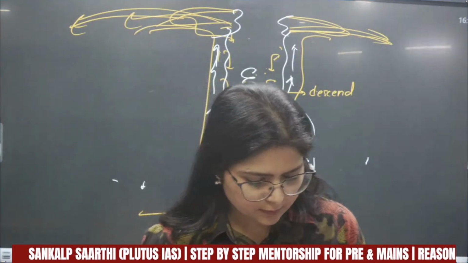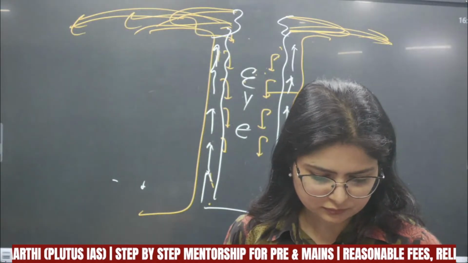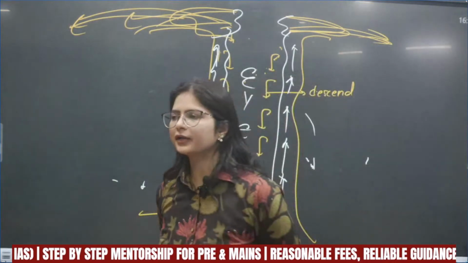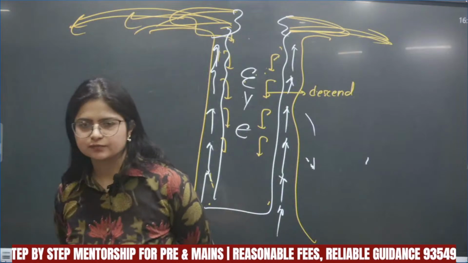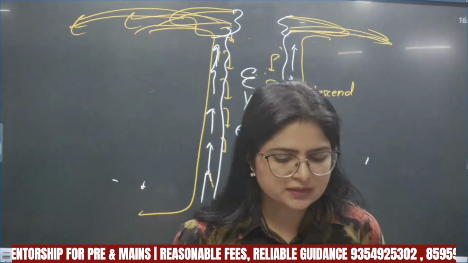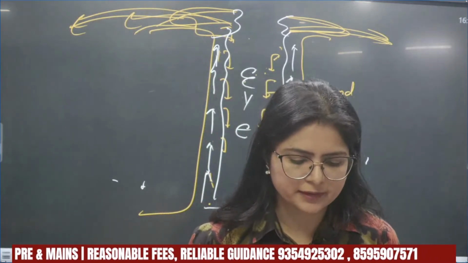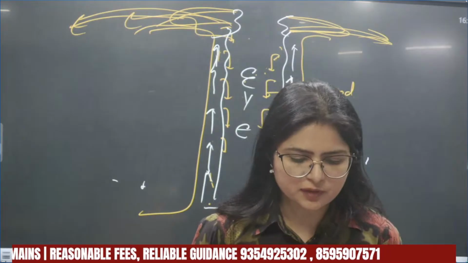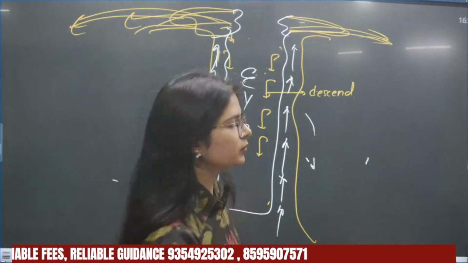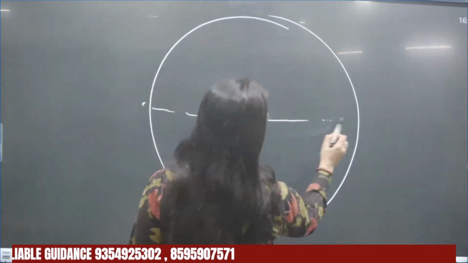That's all. Write down the next point: tropical cyclones are associated with the ITCZ, the Intertropical Convergence Zone. In brackets, there is a convergence of several air masses. What air masses are we talking about? If this is the equator, this is the ITCZ.